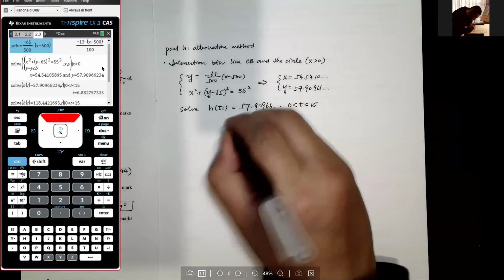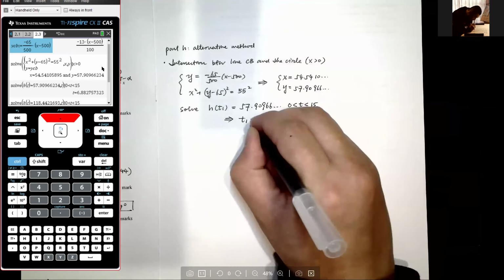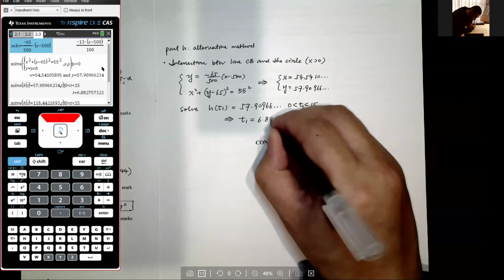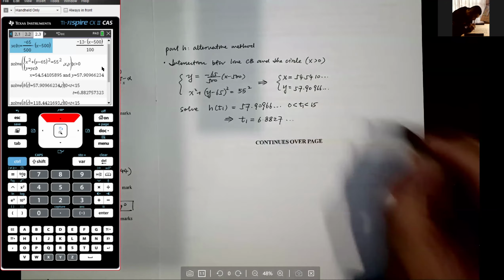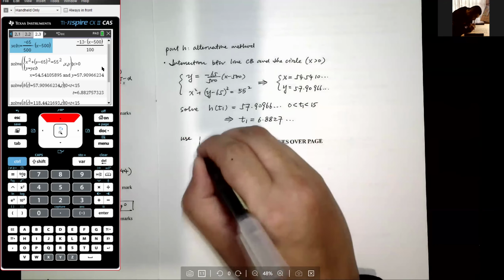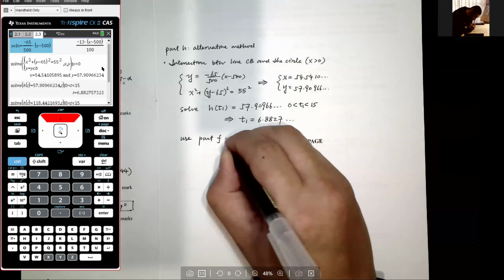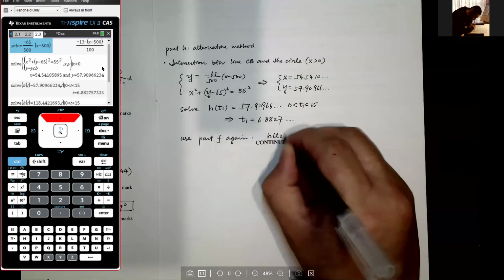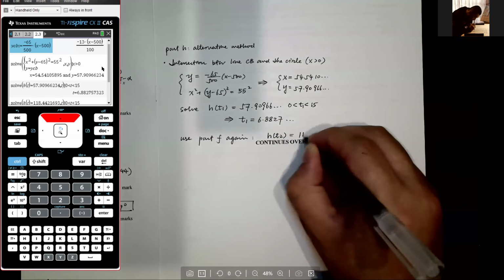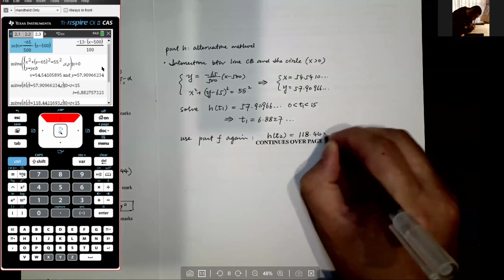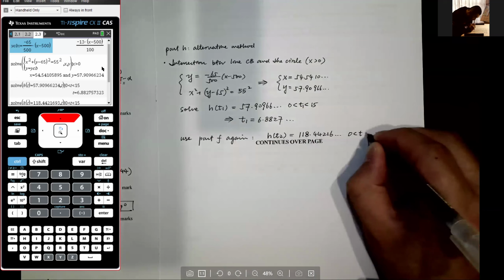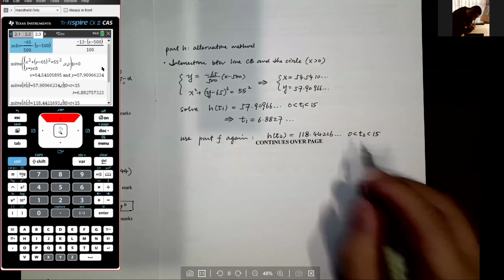Between 0 and 15, you get a t1 equals, let's say, 6.8827. Use part F again. We say h(t2) equals 118.44216. And this t2 is also between 0 and 15.